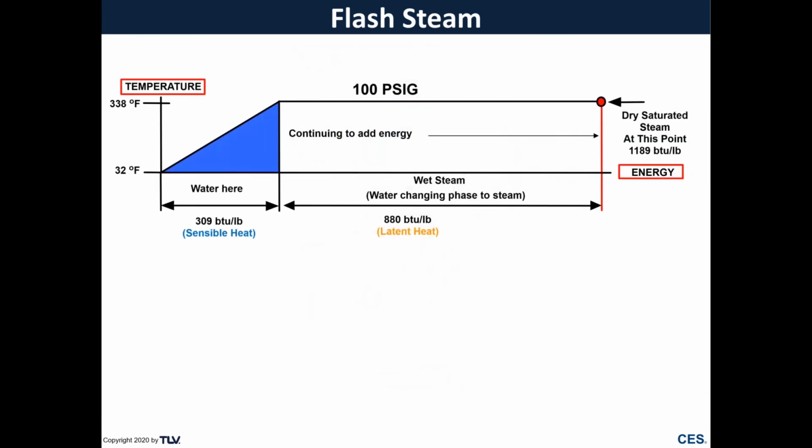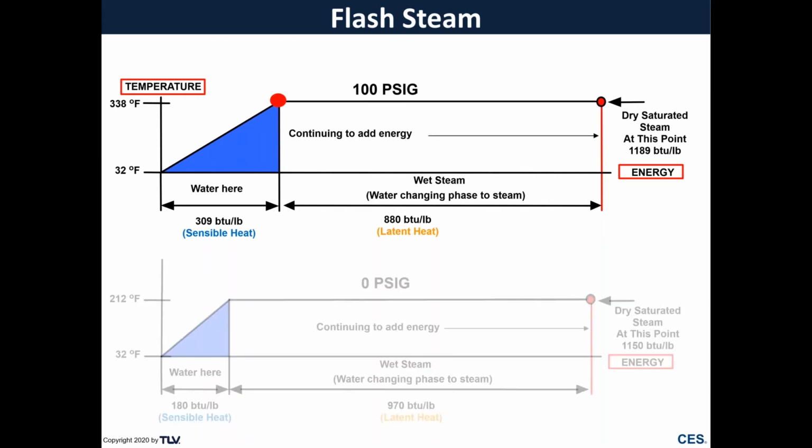If we look at steam at 100 psi, we're over at the left, or the dot on the right-hand side of the page. As that steam gives off its energy, it's going to turn into condensate. And at 100 psi, that condensate will be at 338 degrees as it's being discharged at the steam trap.